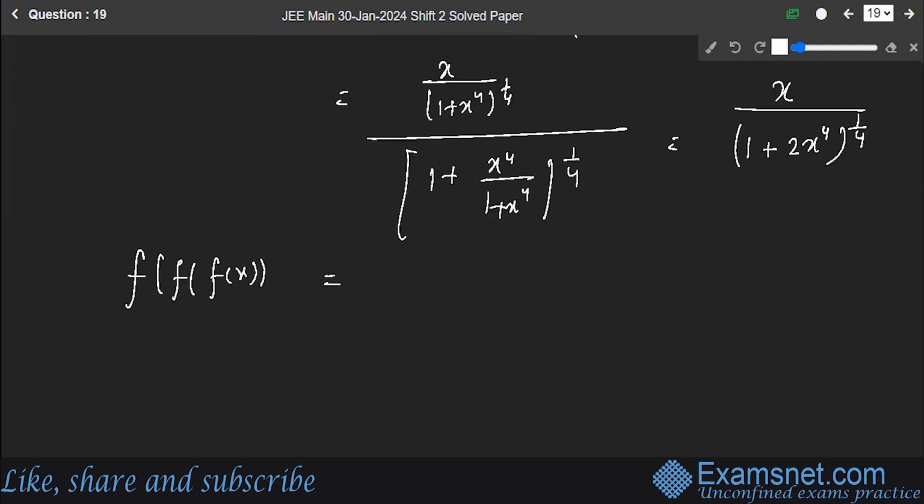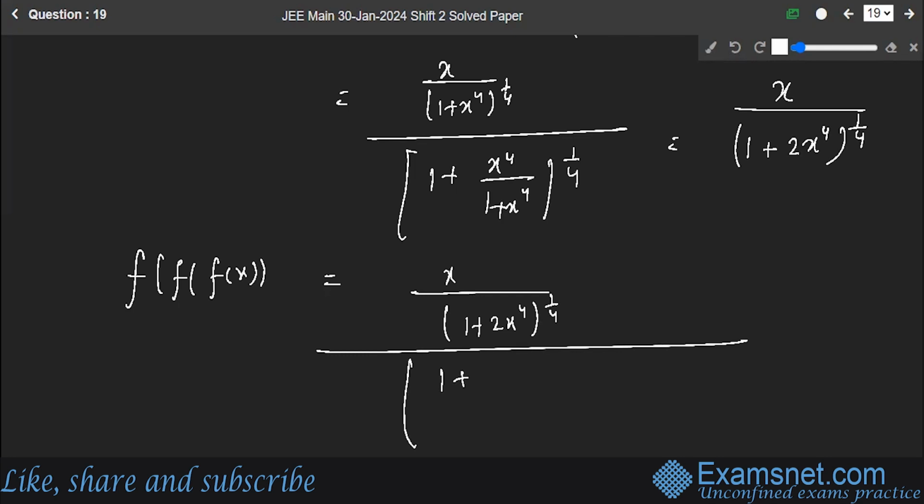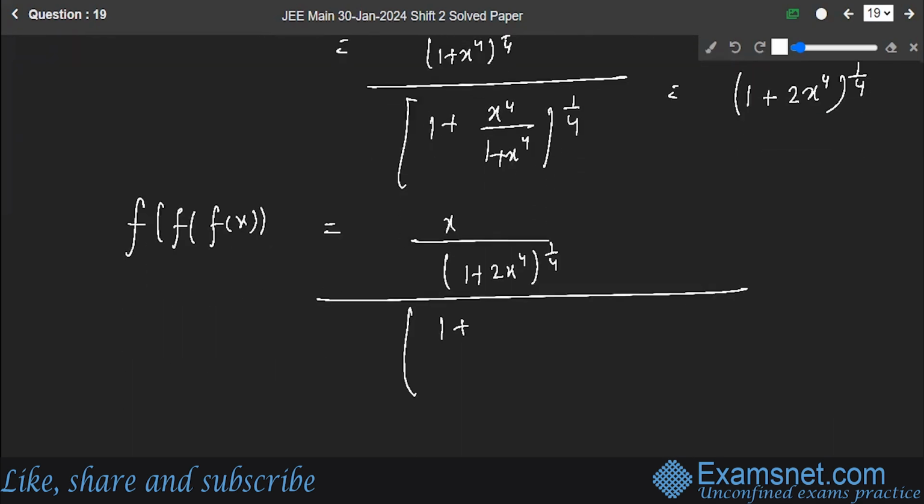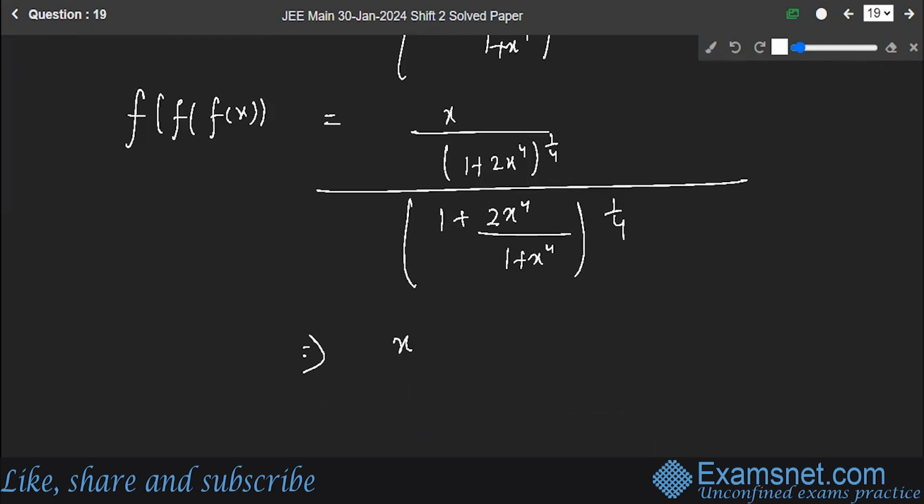This will be given by x upon (1 plus 2x to the power 4) and so on. Again, these things will cancel, and you will have (1 plus 3x to the power 4) to the power 1 by 4.